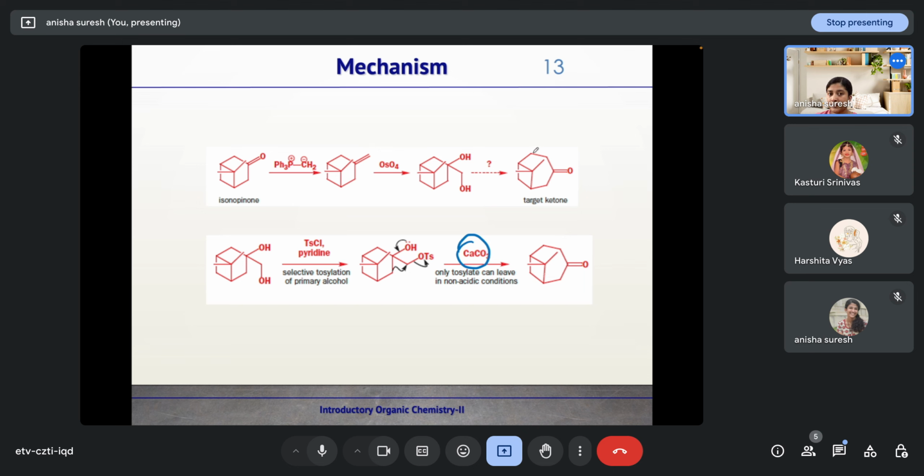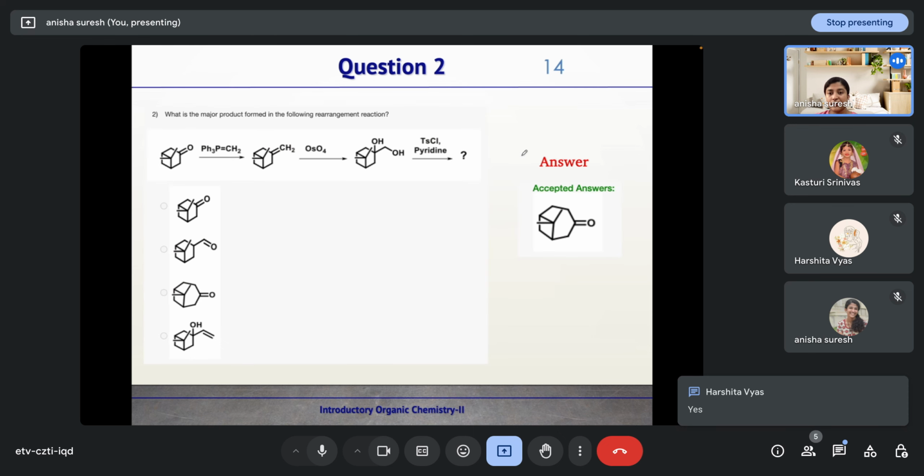Is the mechanism clear? Okay, so the final product is option C.